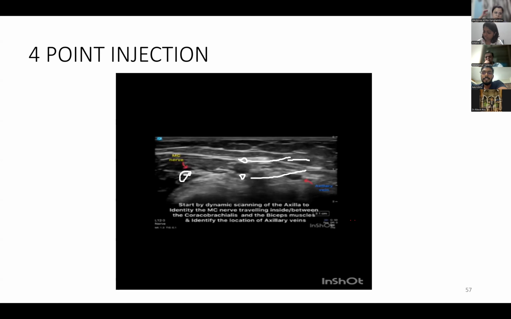Any complications reported to be less with a periplexus compared to intraplexus? Sir, I think epidural spread of the drug, I'm not sure. Common complication, I'm giving you a hint. Phrenic nerve. Yes, the incidence of phrenic nerve palsy is less. It has been reported that it is less.